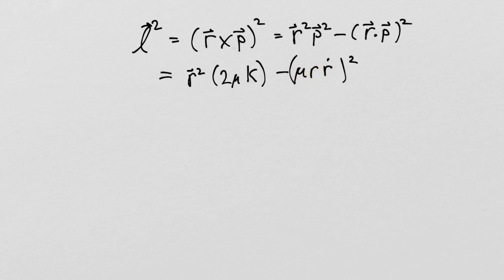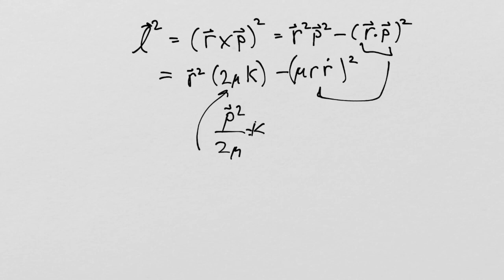And this was the angular momentum of our particle, right? I guess the way to think about it is, the kinetic energy is p squared over 2 mu, right? That explains that. And this is the projection of the momentum in the r direction, which is simply this.